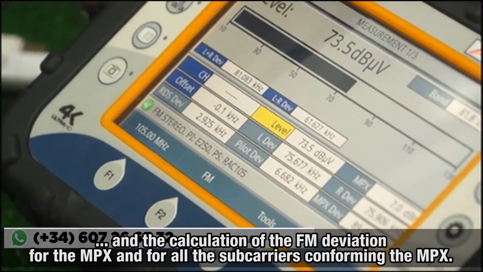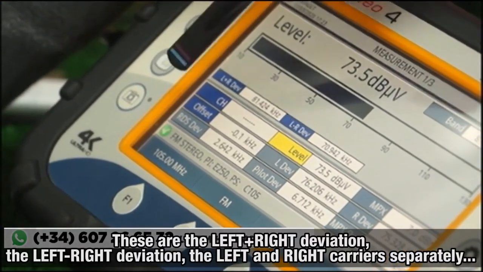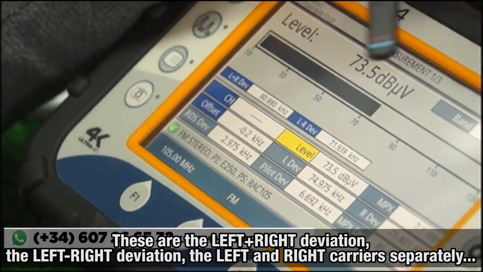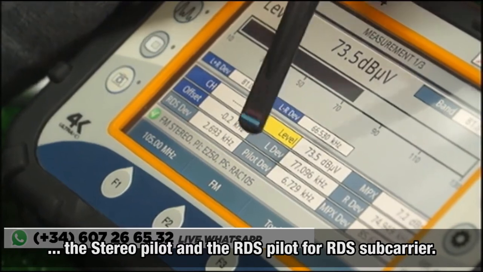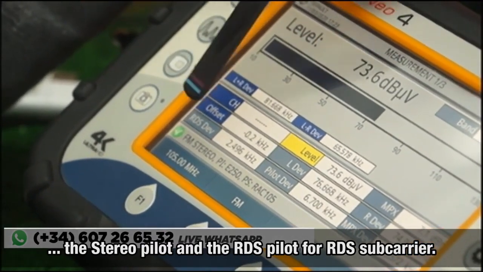For example, the left plus right deviation, the left minus right deviation, the left and right carriers separately, the stereo pilot, and the RDS pilot, or the RDS subcarrier.